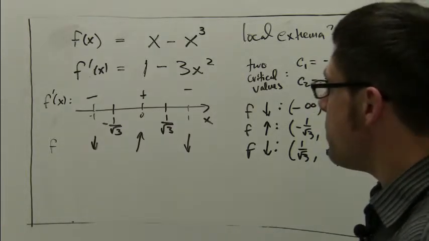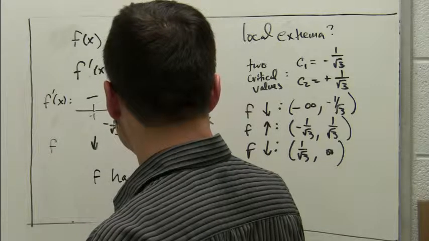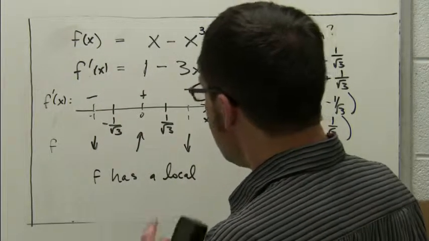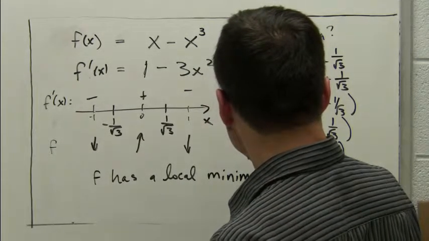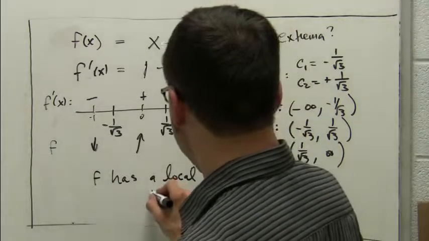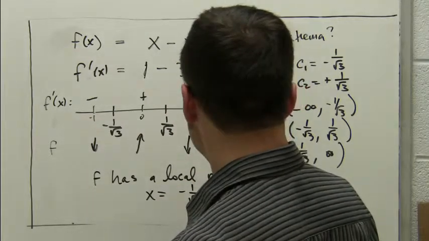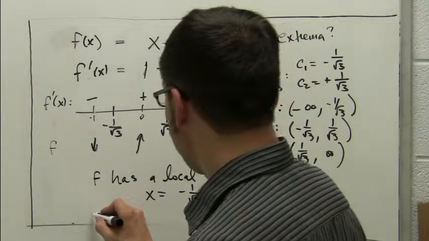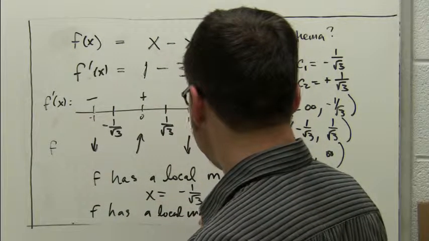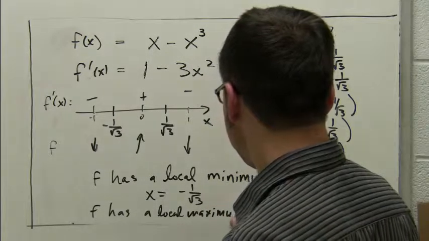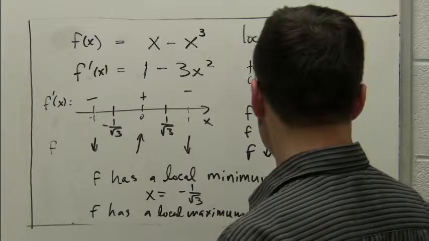Okay? So this means that, in fact, this function f has a local minimum at x equal to minus 1 over root 3, and a local max at the x value, x is positive 1 over root 3.